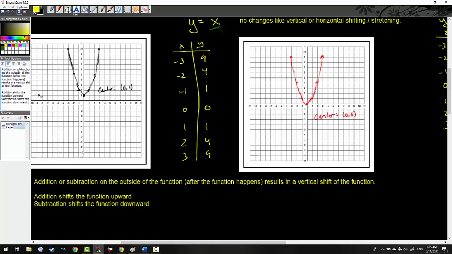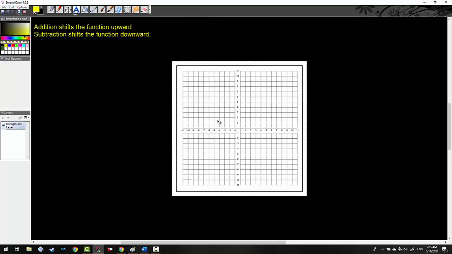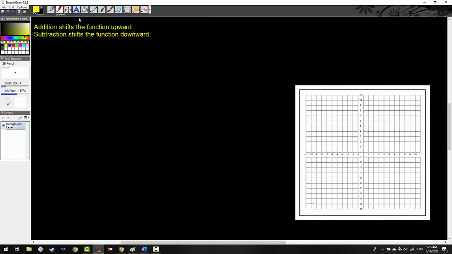So, with these rules in mind, how does this help us? Well, it helps us graph these things rather quickly. And on top of that, this idea of function transformation applies to all functions.